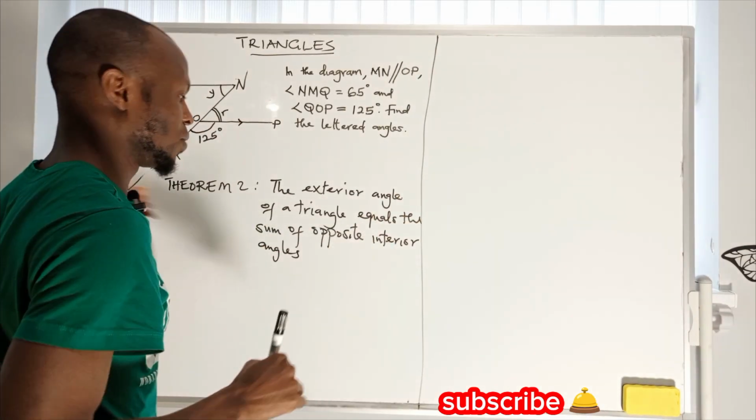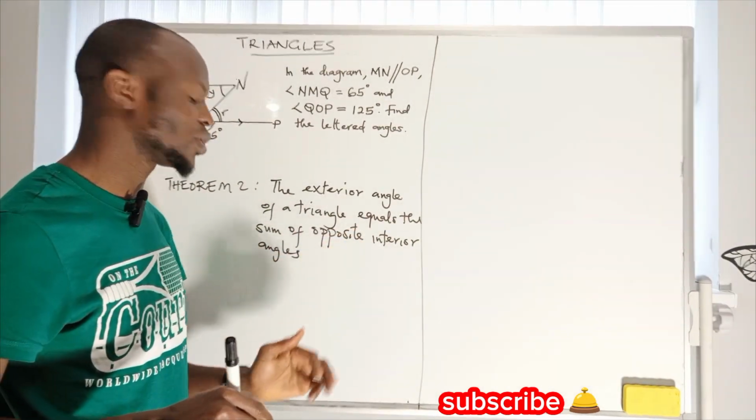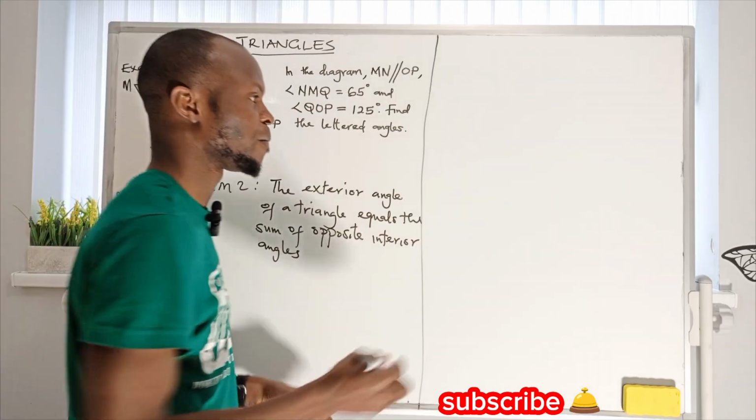The exterior angle of a triangle equals the sum of opposite interior angles of that same triangle.